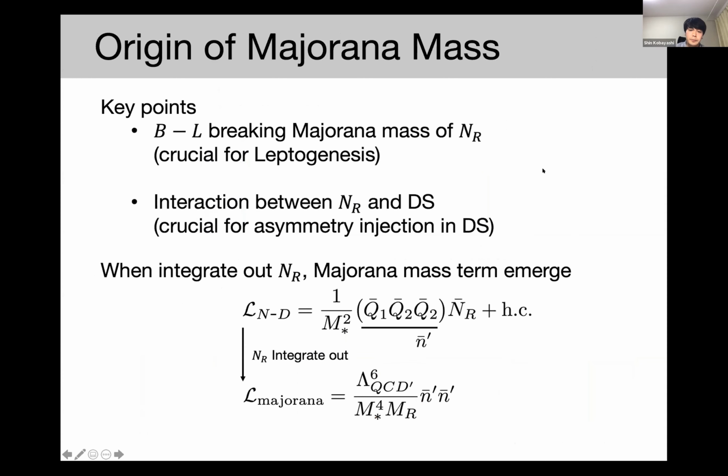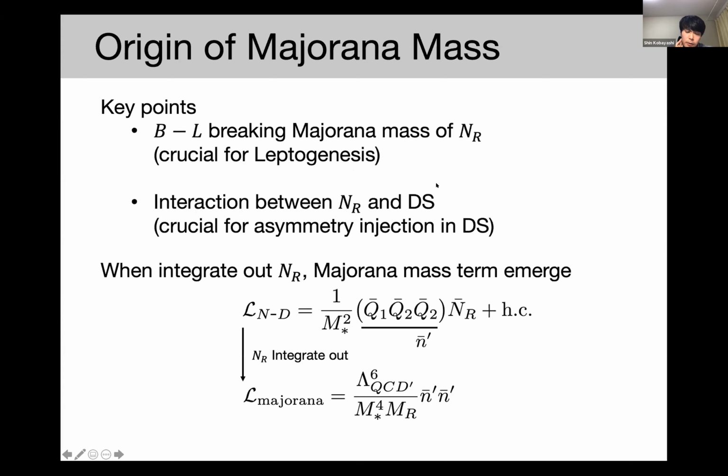And in our model, and simple models like ours, a Majorana mass in the dark sector cannot be avoided, because we adopt the B-L breaking Majorana mass in the right-handed neutrino sector, and we added the interaction between right-handed neutrino and dark sectors.